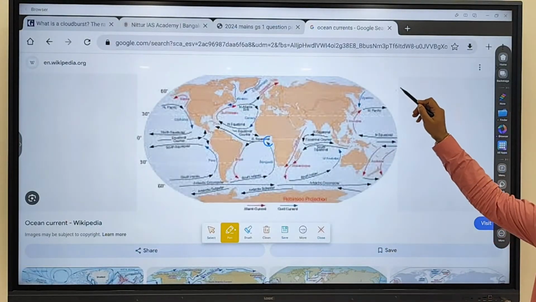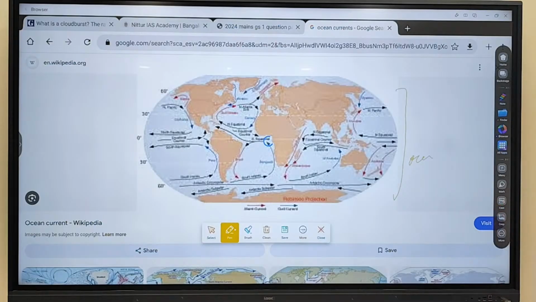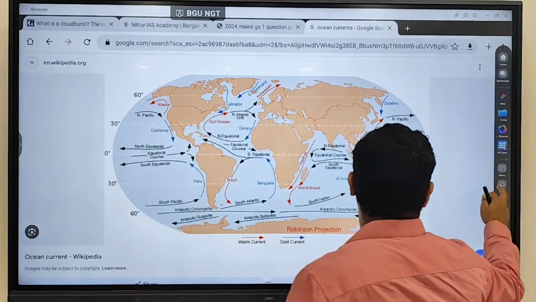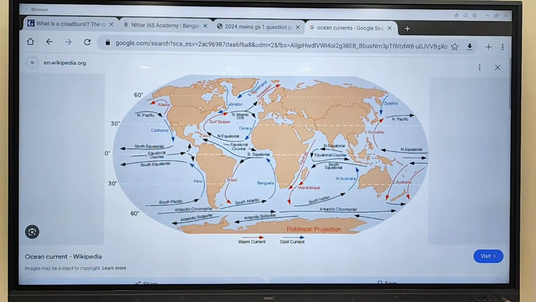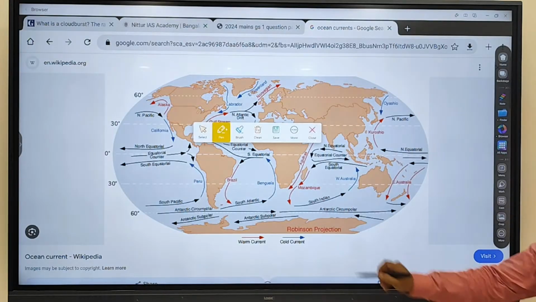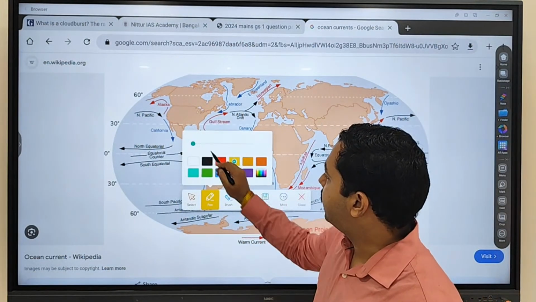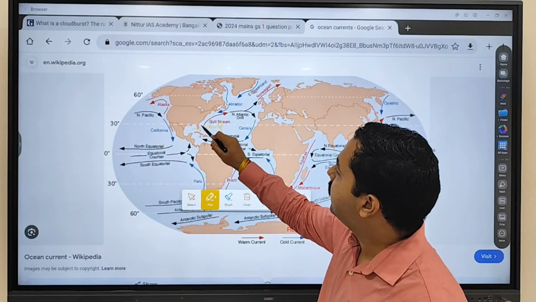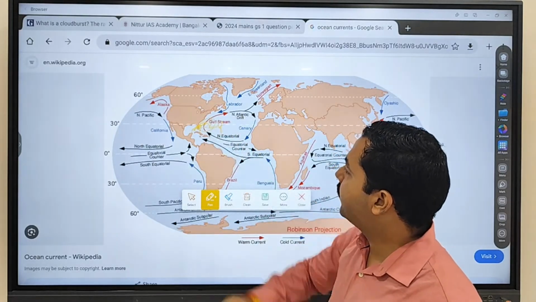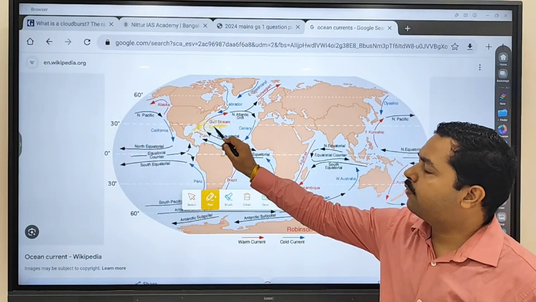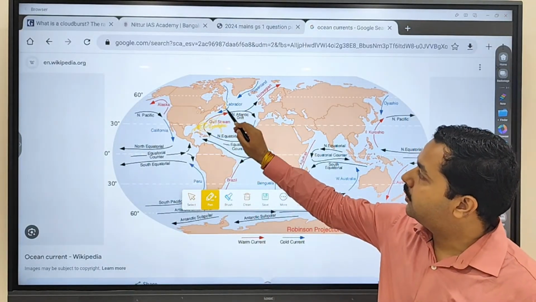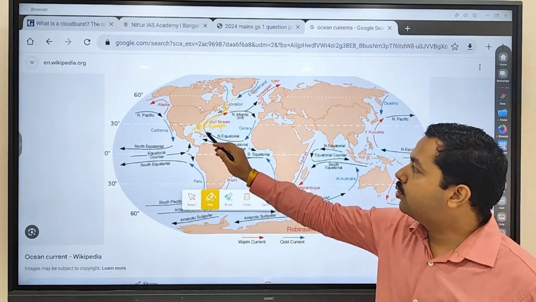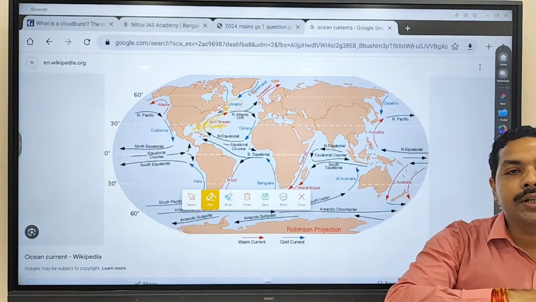This is an oceanic current diagram that you are finding over here. Now if you see, where is the Gulf of Mexico first? Yes, this part is the Gulf of Mexico. Clear? Generally, which stream is here? You see the warmer current, and here which current is coming? This Labrador current is which type of current? Colder current. Clear?